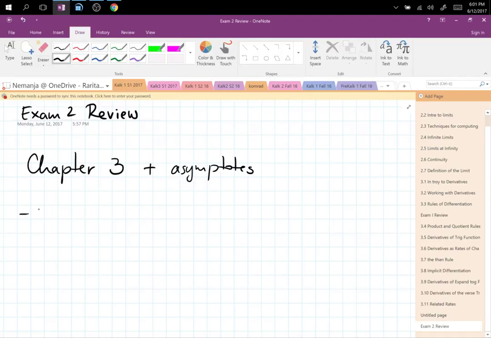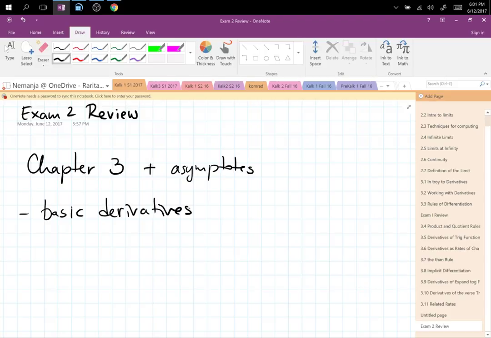So as we are looking at the review, the most important thing is basic derivatives. That is the fact that the derivative of a constant is 0, derivative of sine is cosine, derivative of e to the x is e to the x.